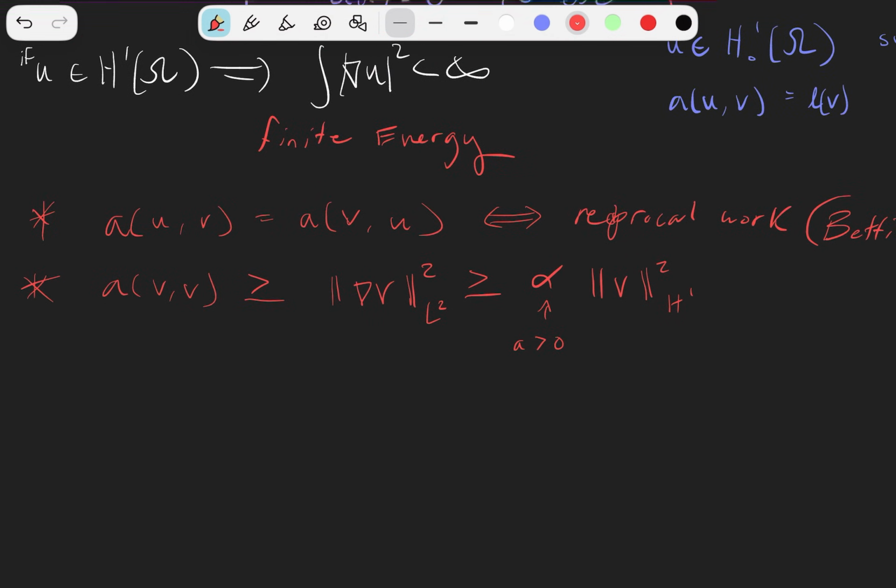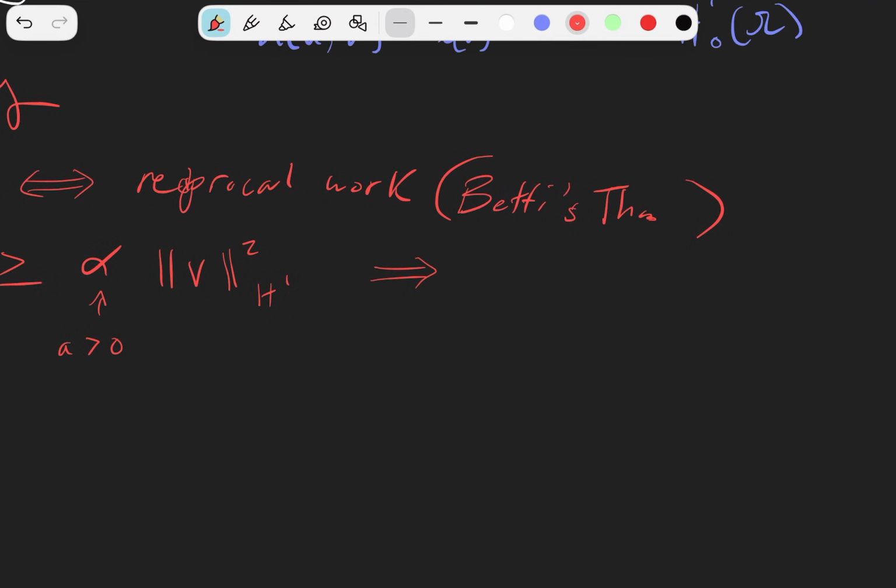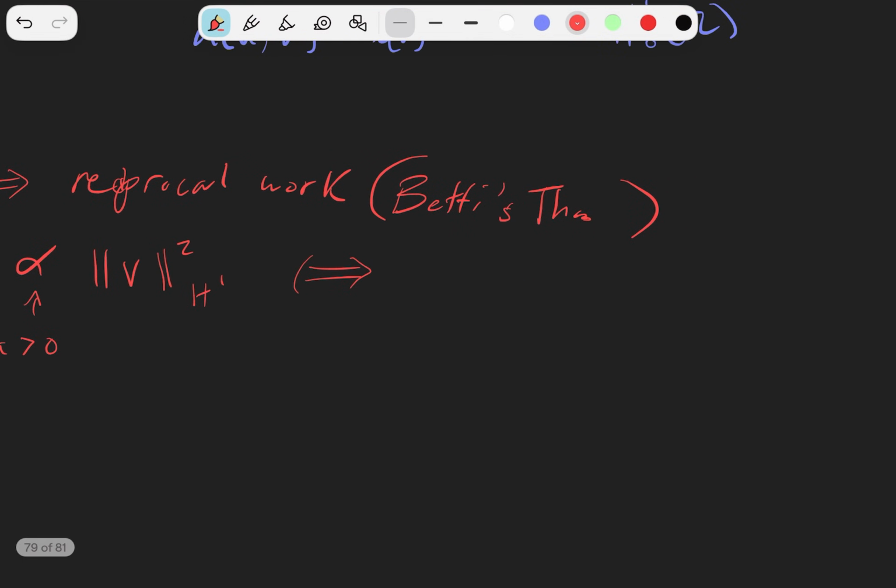All right. And again, this property is called coercivity, and this has another physical meaning, which is we have this if and only if there's positive stored energy.